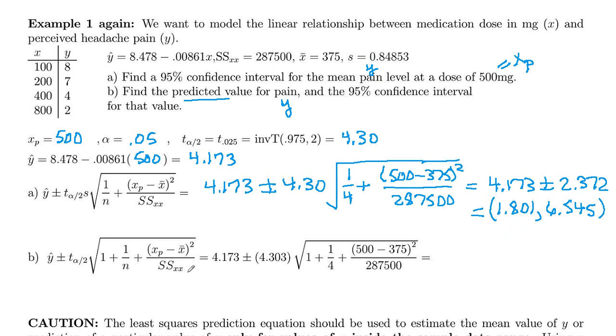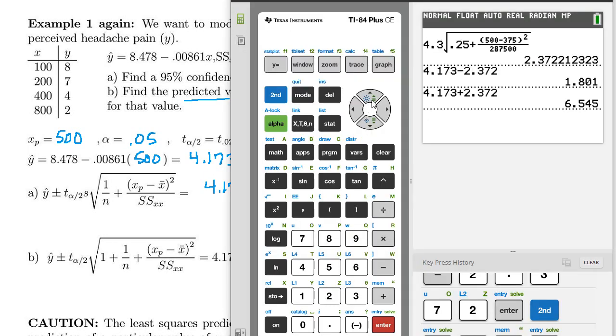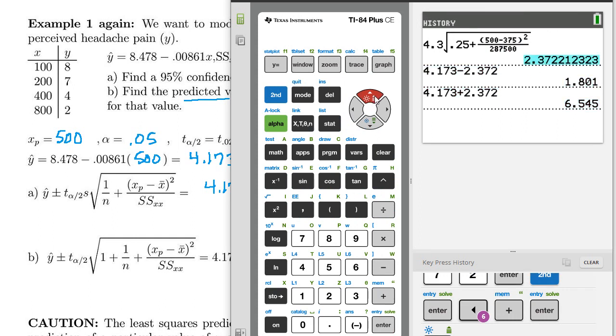And then same thing down here, except we've got a 1 out in front. So this will be 4.173 plus or minus, and let's go ahead and compute that. So I'm going to come up here, do second enter, and then I just need to insert a 1 as 1 plus 1/4.